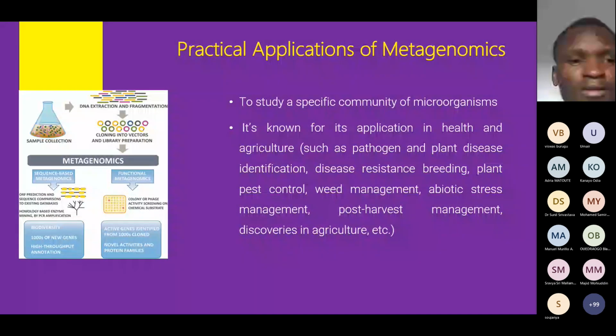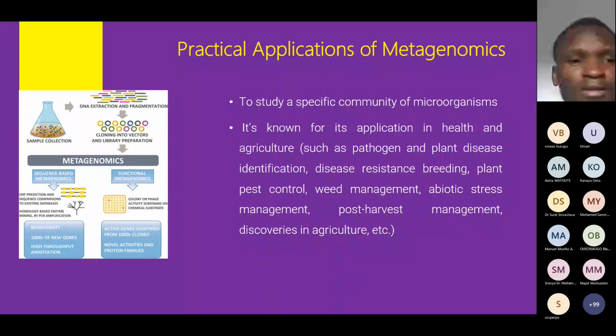You could find virus, you could find fungi, you could find archaea, you could find bacteria in the soil. But when you are doing metagenomics, you are widening your scope of research. Do you understand? Metagenomics is about widening your scope of research such that you want to discover so many things at the same time. That is the idea about metagenomics.